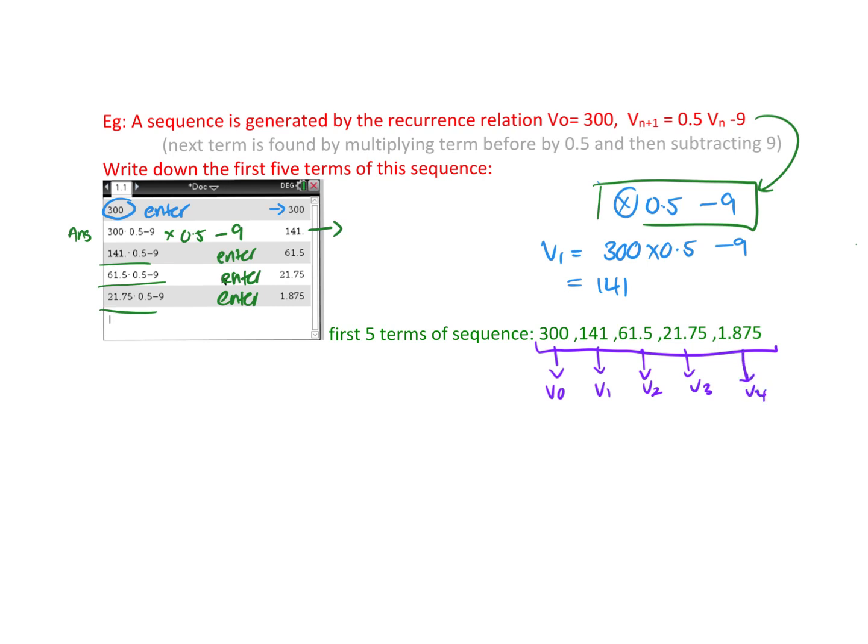So, this is showing the first 5 terms of the sequence, okay? But if they ask you what is V3, make sure you go 3 after the V0, okay?